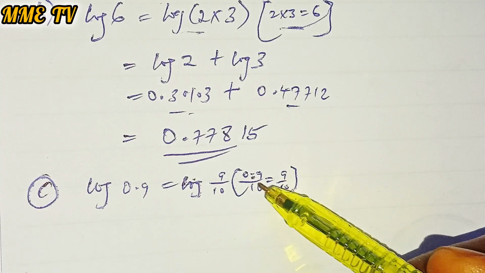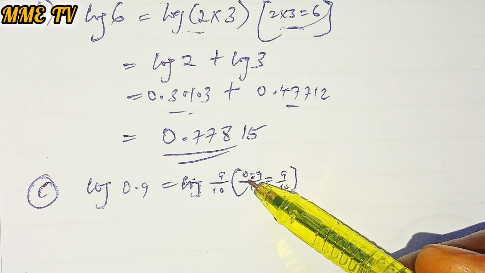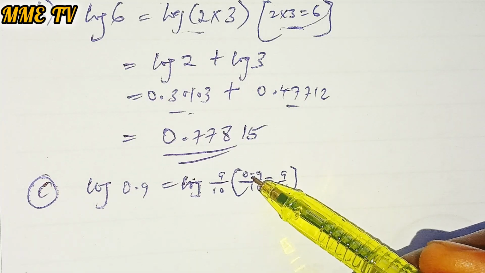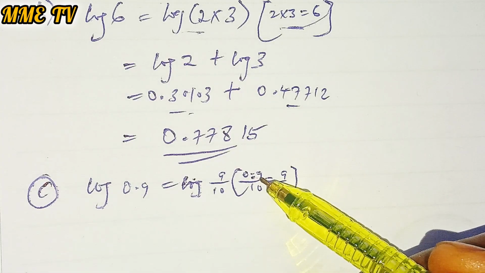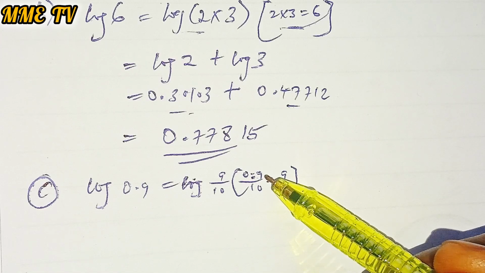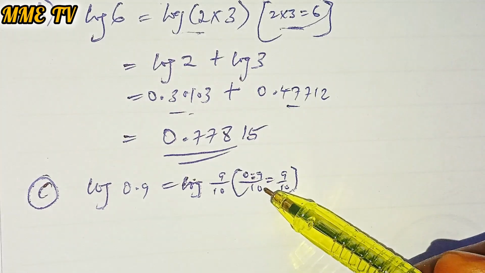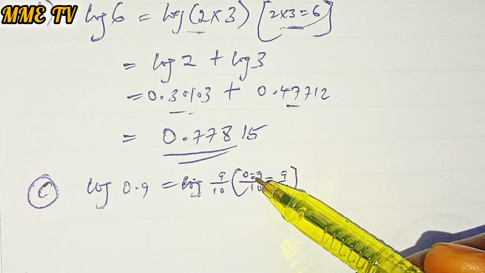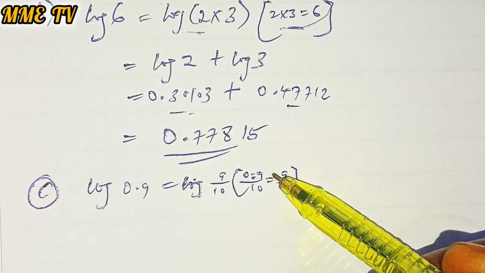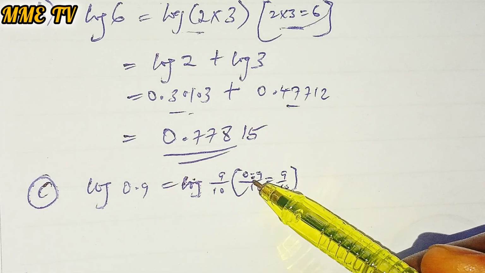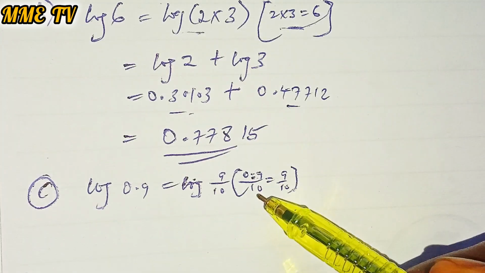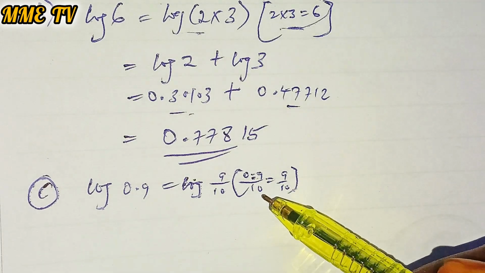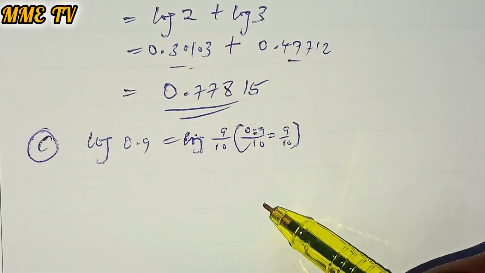So 1 will be here, and the next value, assuming this is 0.90, you start from the decimal point, then if this is 9 and the next value is 0, you still add more 0. If what you're given is 0.9900 whatever number, you keep on adding, but from this decimal point when you put your 1, you start to add 0 to each of the numbers. I hope this is clear.